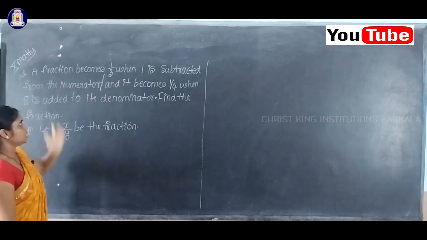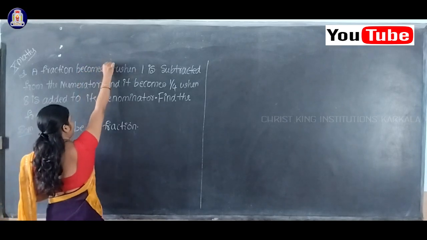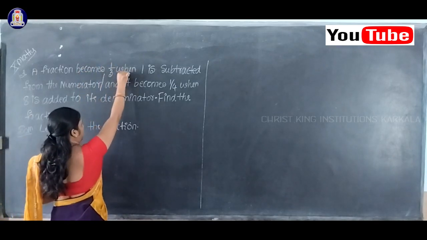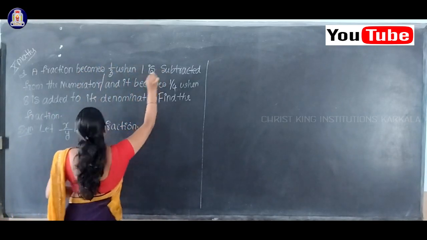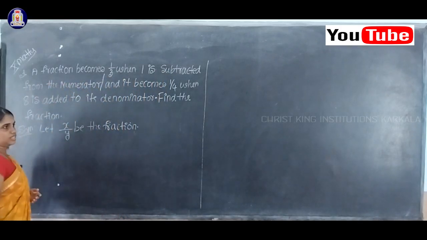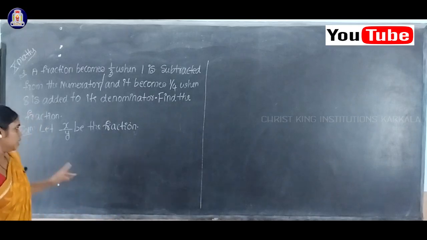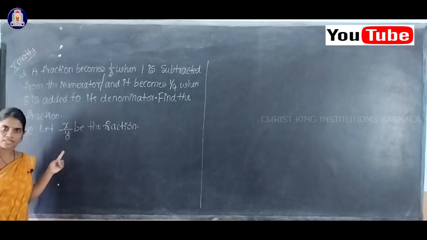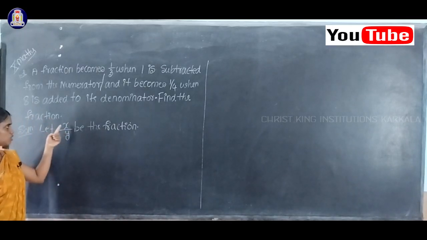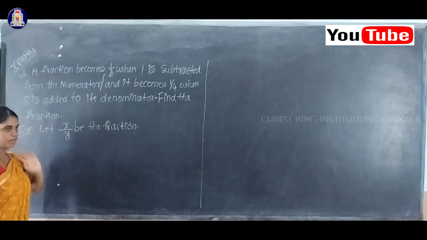In case 1, a fraction will become 1 by 3 when 1 is subtracted from the numerator. Here they did not discuss the denominator, which means denominator y will be as it is. Only we have to subtract 1 from the numerator.